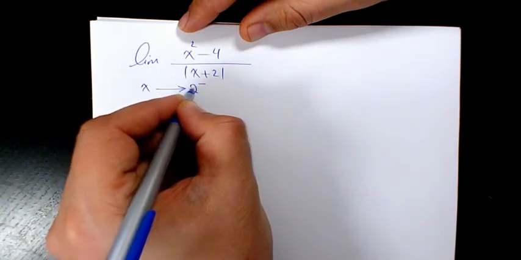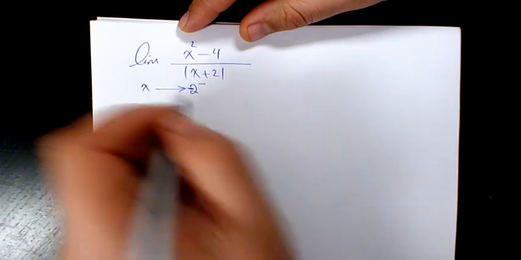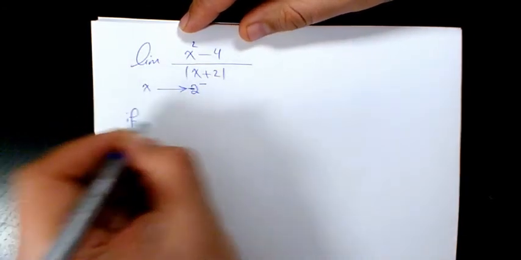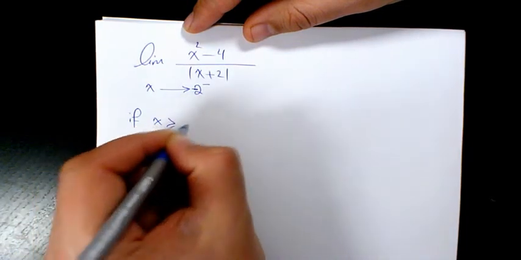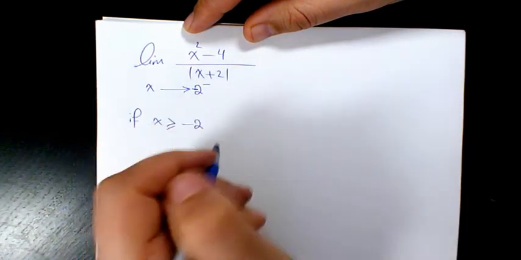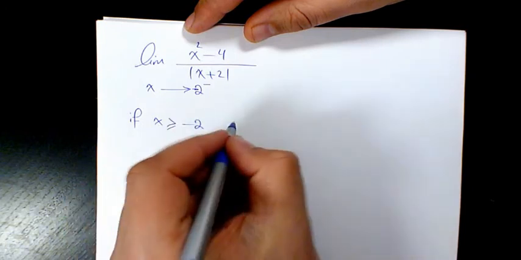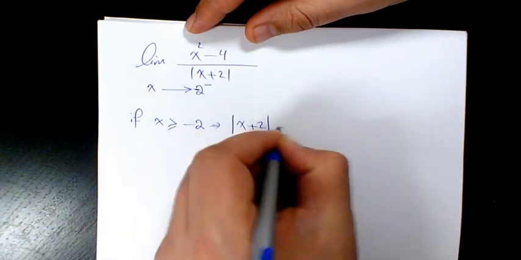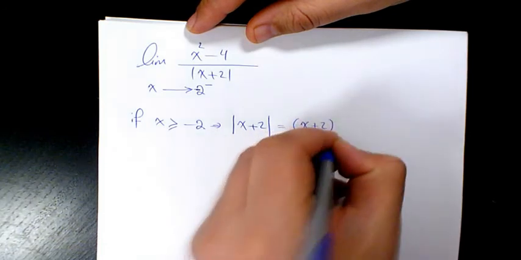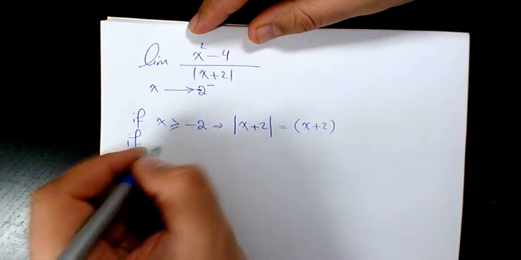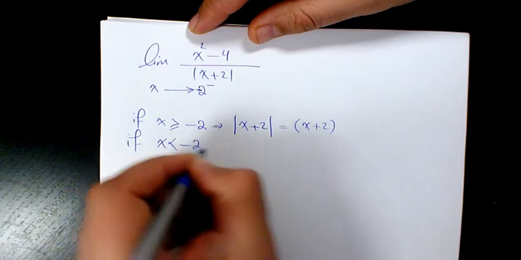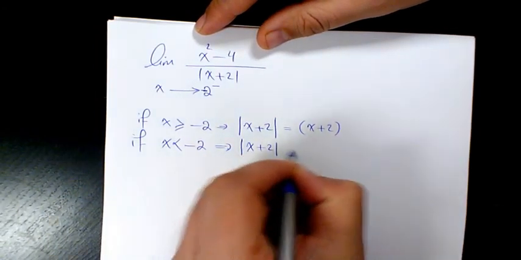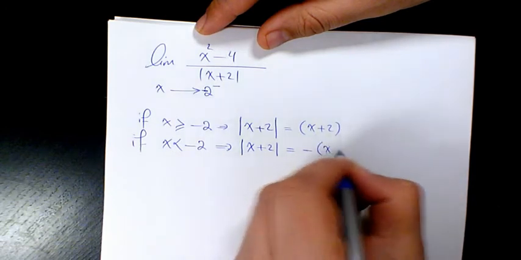You're going to say that if x is equal to or greater than negative 2, then the absolute value of x plus 2 is going to be equal to x plus 2. If x is less than negative 2, the absolute value of x plus 2 is going to be negative times x plus 2.